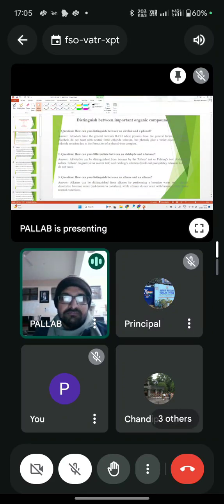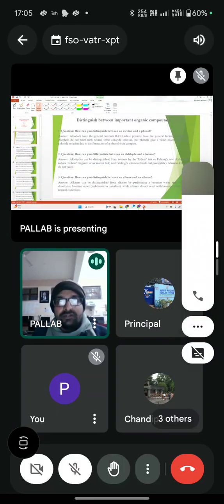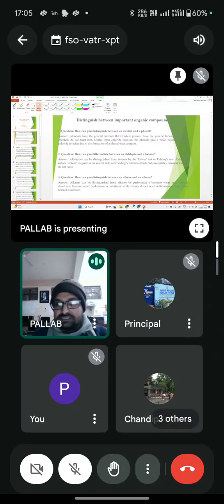So today we'll learn how to distinguish between some important organic compounds, which are very common questions in your CBSE exam and are frequently asked nowadays. Now, in this type of question, we need to know the idea of some reagents: which reagent reacts with which kind of compound, and after the reaction, which kind of product forms.